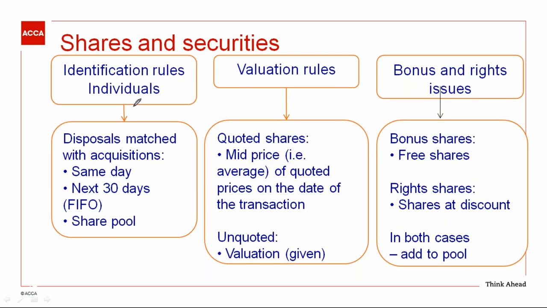Everything depends on the date of disposal. So remember and memorize the identification rules. And you have 3 identification rules, and you have to apply them according to the order given. So date of disposal.